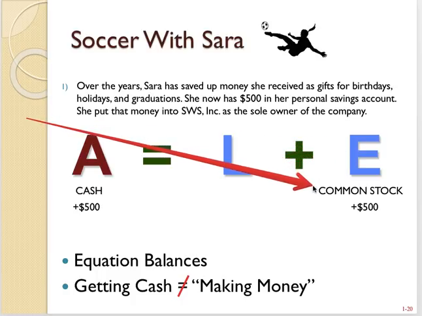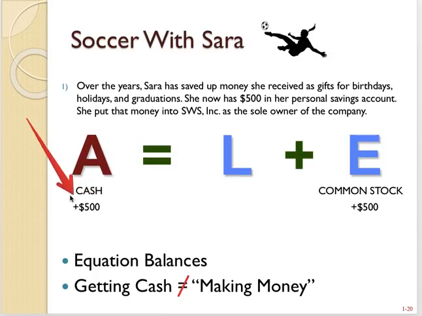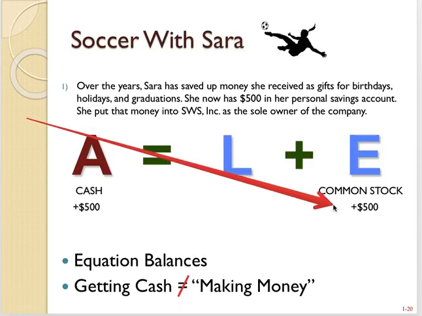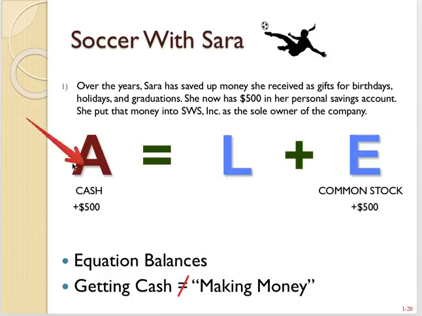So what you see here is common stock, which again is the term we use for the contributions that an owner puts into the business in order to get their ownership. She put the $500 into the business. Therefore, her claims on the assets of the business as an owner have increased by $500. So her ownership has increased. So again, the equation balances.